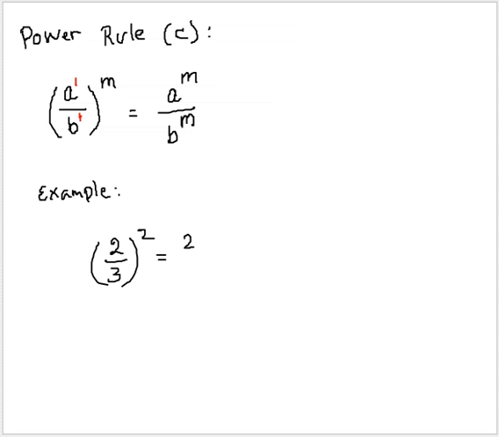Exactly, 2 to the power of 2 over 3 to the power of 2, which is equal to 4 over 9. Very good. Is everyone okay so far with all these concepts?